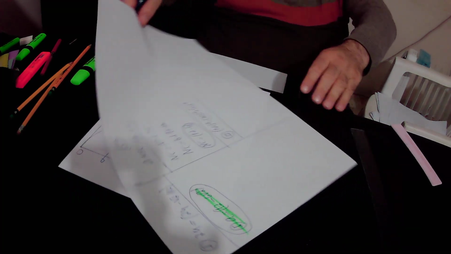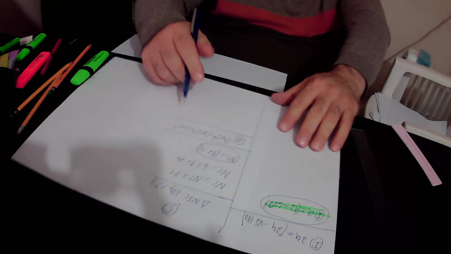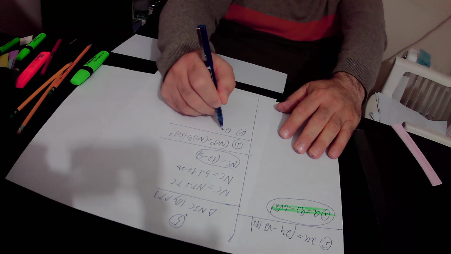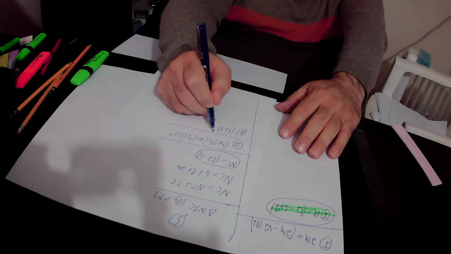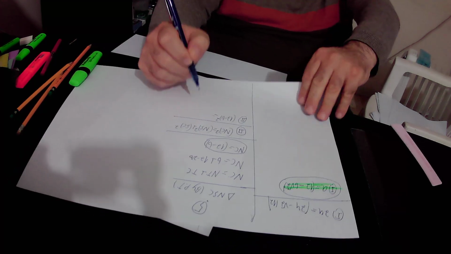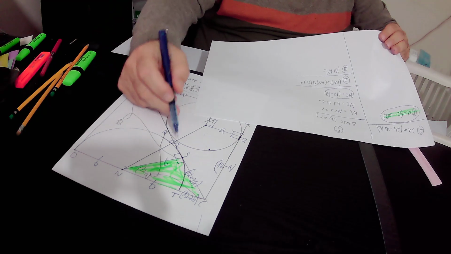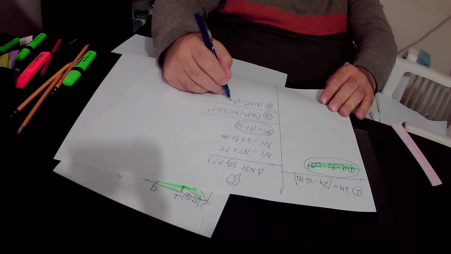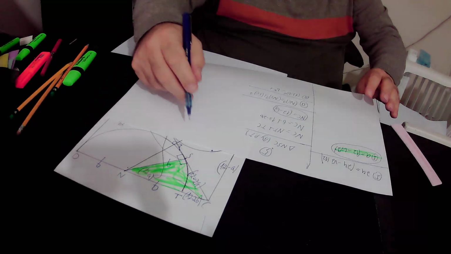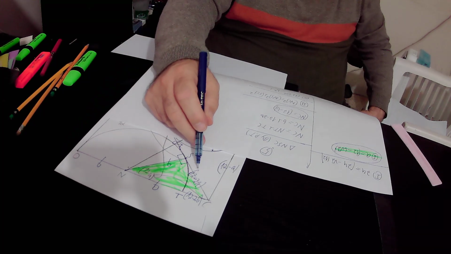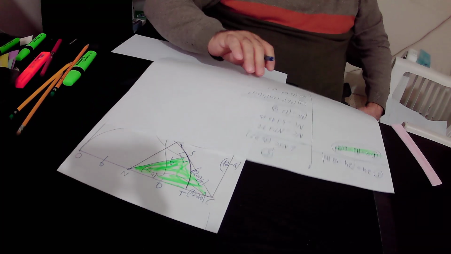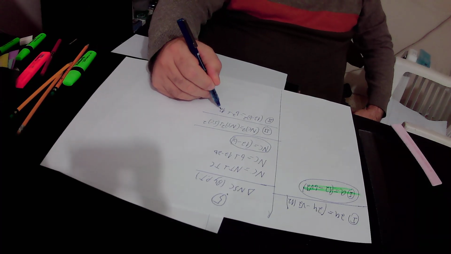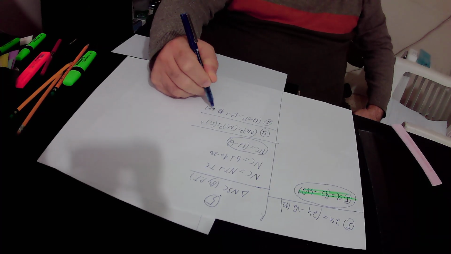But we have already found out that NC equals 12 minus B. So NC square will be equal to (12 minus B) square, and it equals NS square. NS equals B, so NS square will be equal to B square, plus SC square. SC equals 12 minus 2A, so SC square will be equal to (12 minus 2A) square.